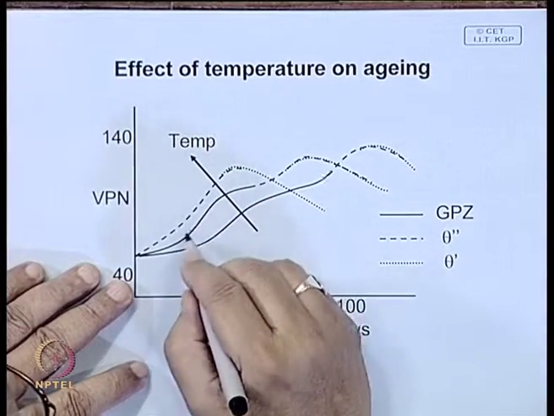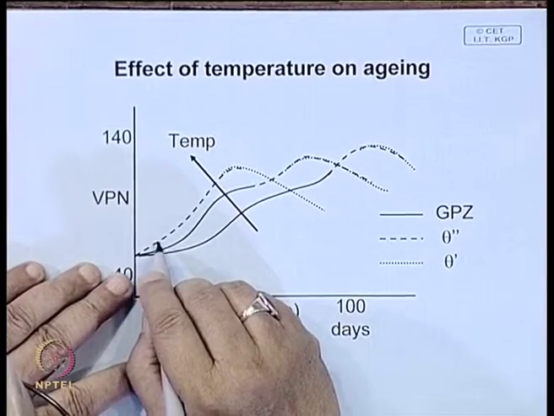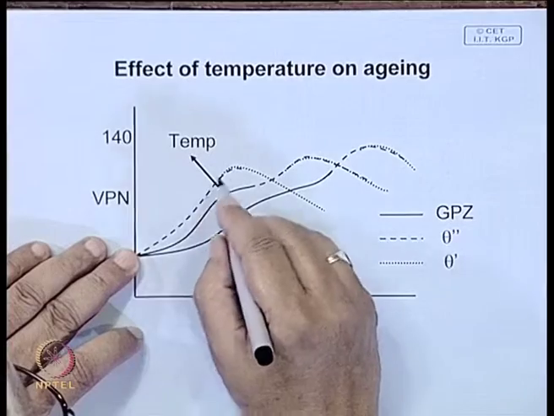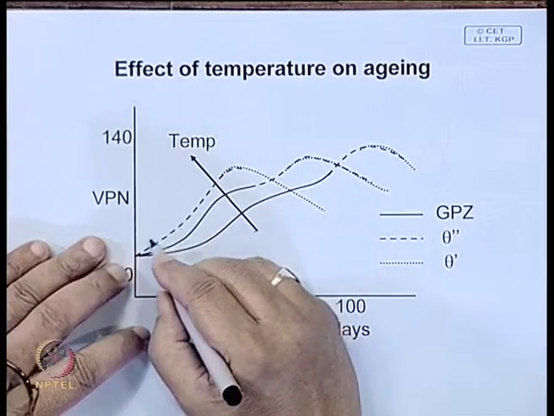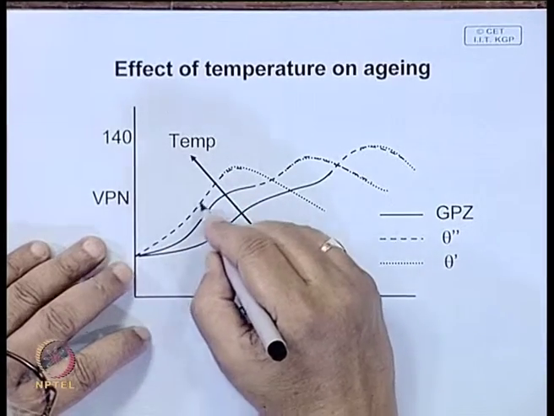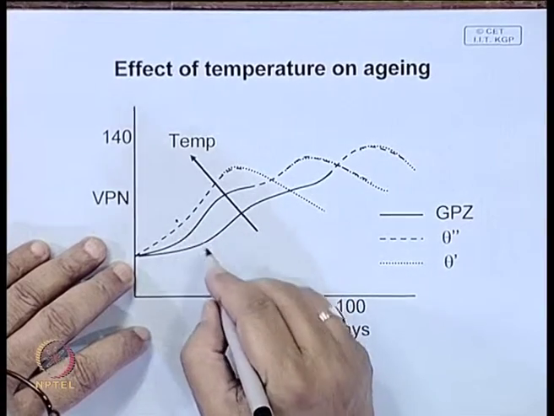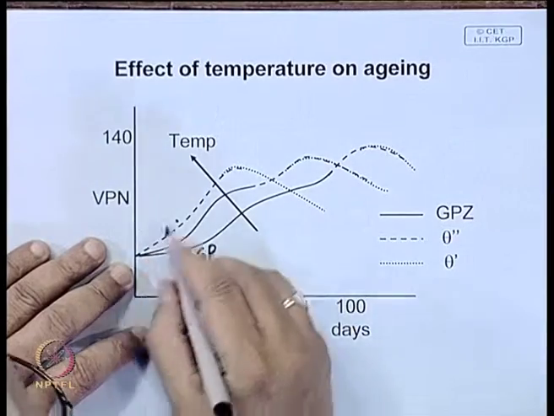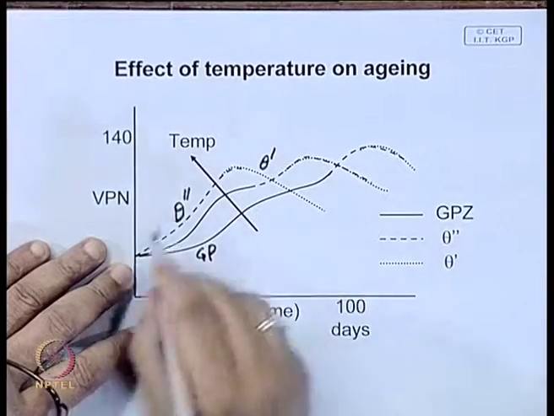So, if you age at a higher temperature, you have fewer precipitates. Suppose the highest temperature over here, which is shown, then there is no chance of GP zone formation. GP zone formation takes place at a lower temperature. This temperature is higher than the GP zone solvus. So, here you do not see GP zone, whereas here you have GP zone. Here you will have theta double prime, then theta prime.